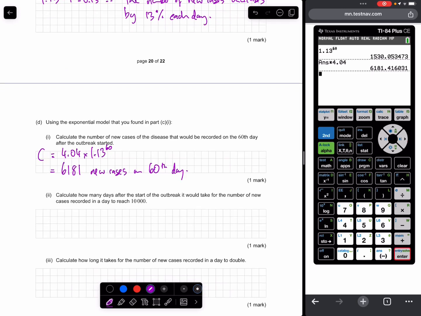Calculate how many days after the start of the outbreak it would take for the number of new cases recorded in a day to reach 10,000. So you graph this. Y1 is 10,000.